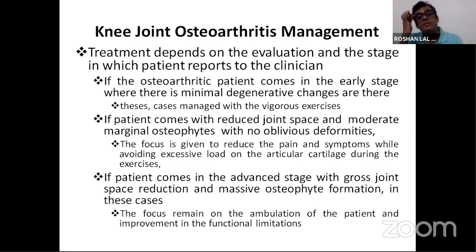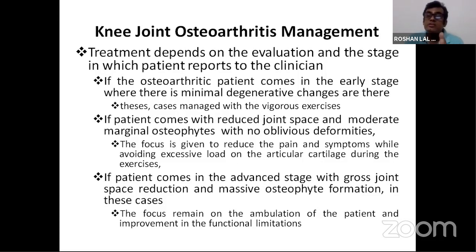The first is if the osteoarthritic patient comes in the early stage, which means there are grade 1 osteoarthritic changes. So if the patient comes in the early stage where there are minimal degenerative changes, these patients can be managed with vigorous exercises.